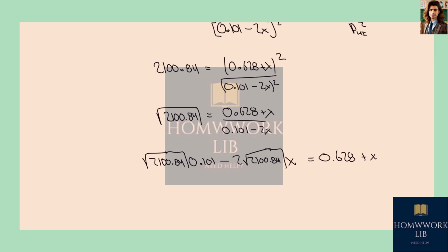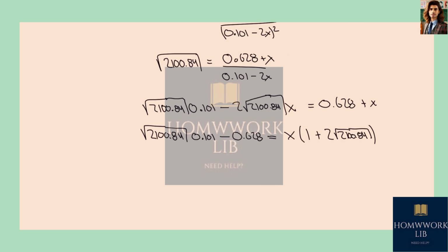Putting the x on the same side and the numbers on the other, this is going to be the square root of 2100.84 times 0.101 minus 0.628. This is going to be equal to x times 1 plus 2 square root of 2100.84. Here I just factorized the x from the right hand side.